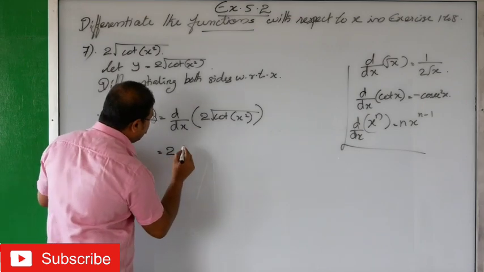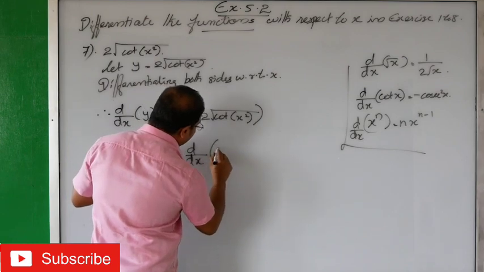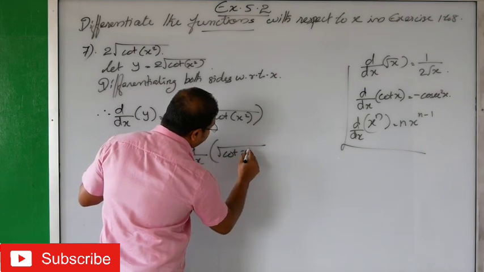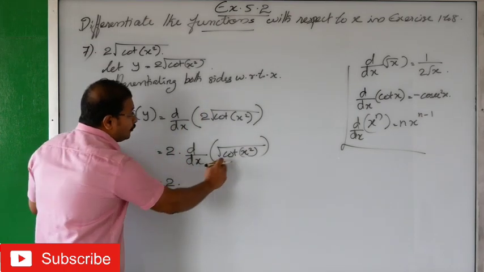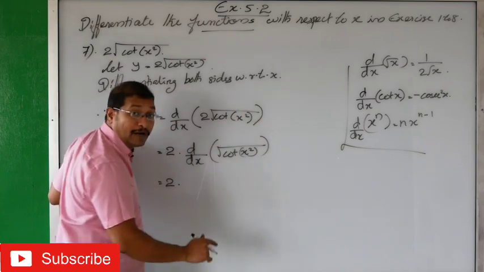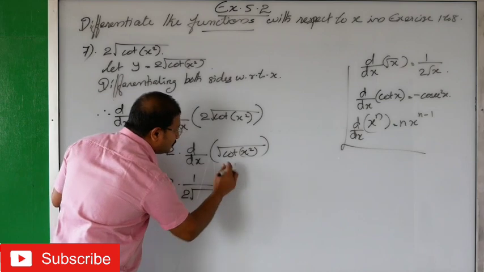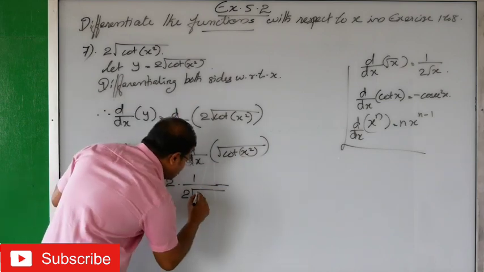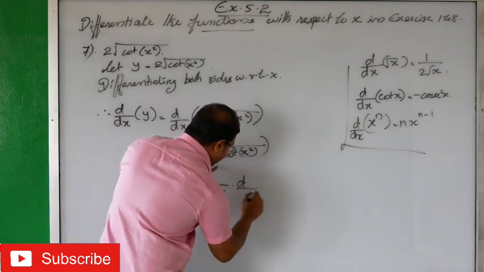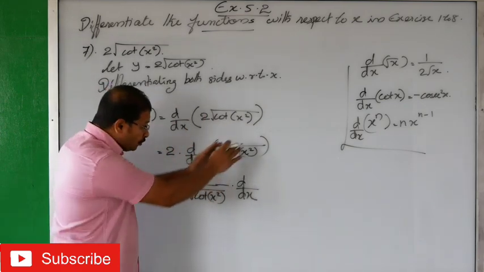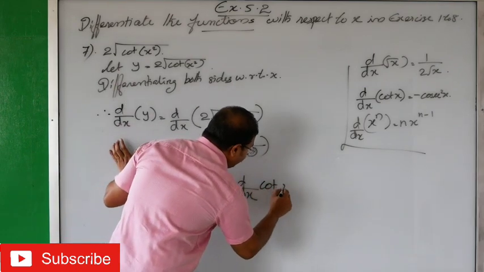That means 2 into derivative of root of cot x square equals 2 into derivative of root x. Root x is 1 by 2 root x. That means what you will do? 1 by 2 into root. What is the value of root? Root inside what is there? The same will write. That means cot x square into derivative of, now what you will do? Root 1 is over. Now the cot 1 we have to take. So derivative of cot x square.